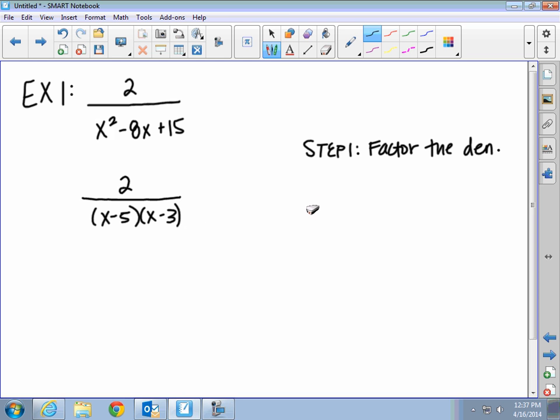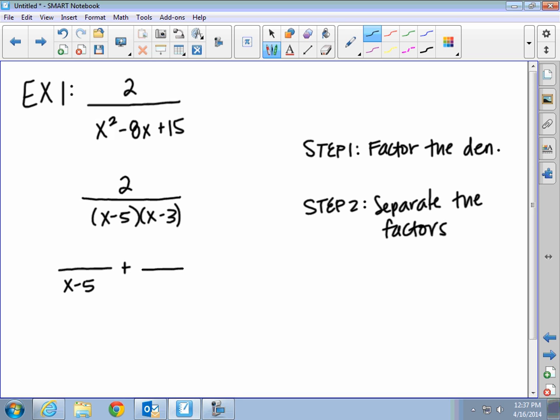Step 2, you're going to separate the factors. Okay, so what that means is we're going to take x minus 5 and put it on this side. We're going to add that to the denominator x minus 3.